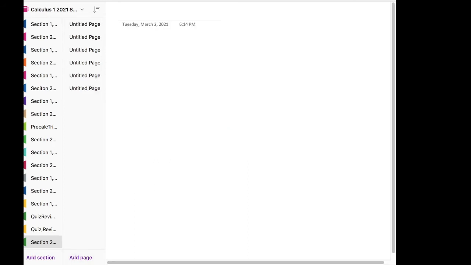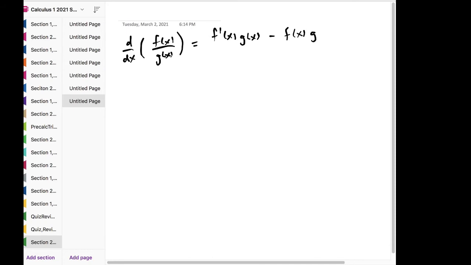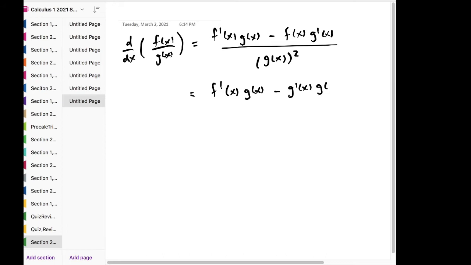Okay, so I'm going to just rewrite it, over g of x squared. Sometimes, it doesn't matter because with multiplication you can just flip it, but sometimes people like to write it like this.